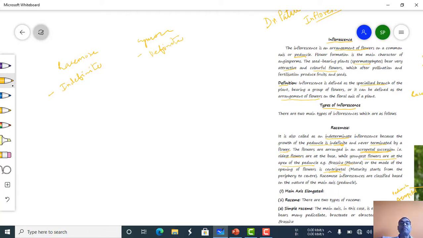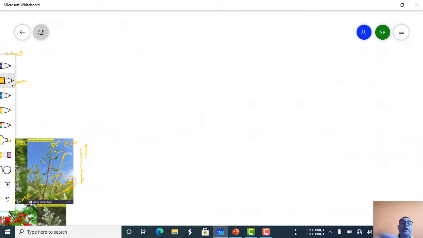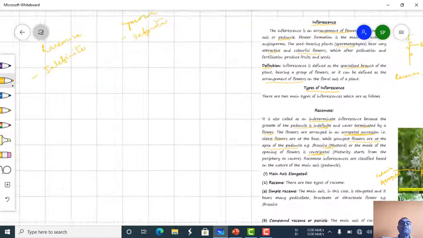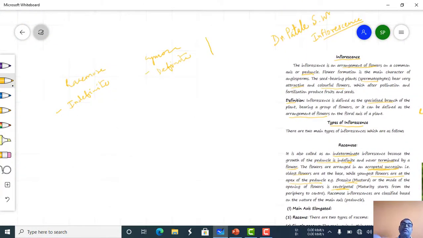Why is it definite? Here the main axis, the peduncle, ends in a flower, therefore the growth of the peduncle is definite. Second, in racemose, acropetal succession is present, while in cymose, basipetal succession is present.